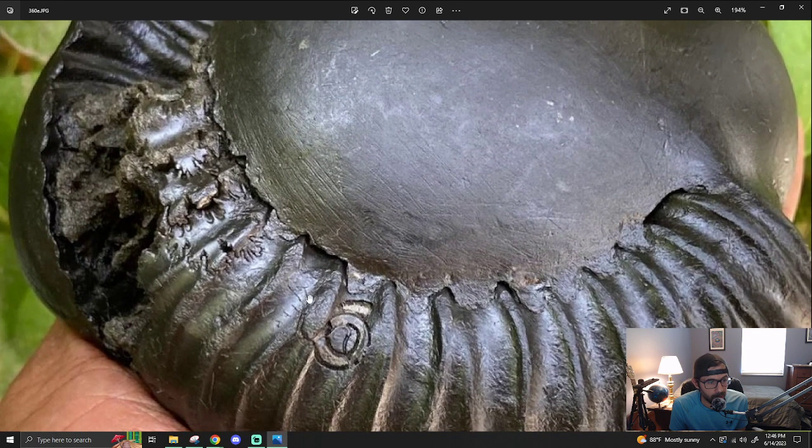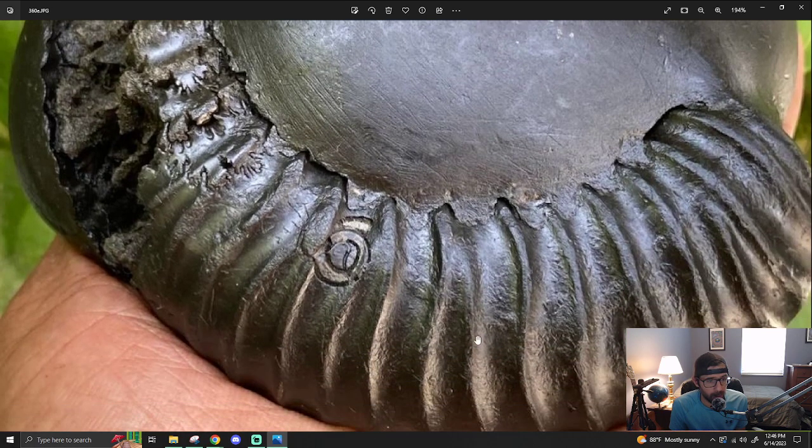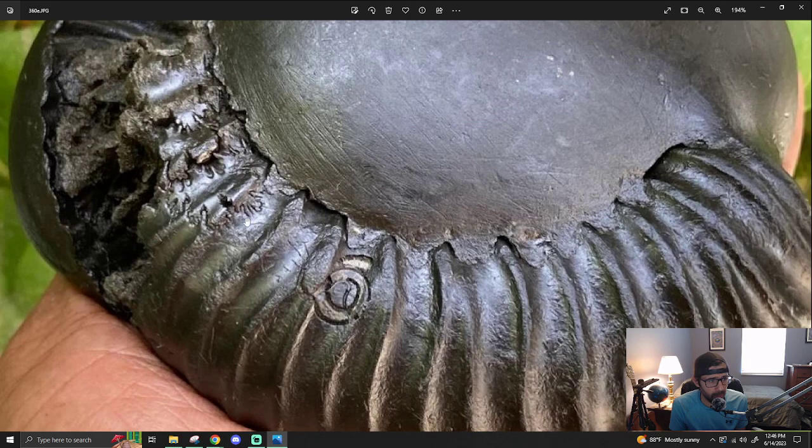And then it's got these little lines coming from it that don't seem to be elsewhere, that point to where the dendrites are, like, more pronounced.